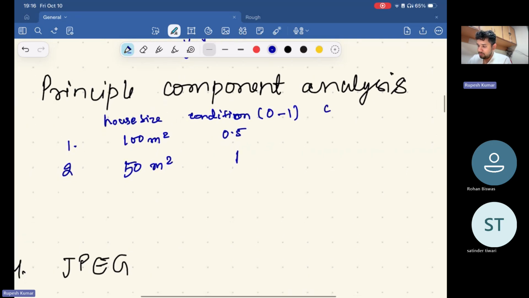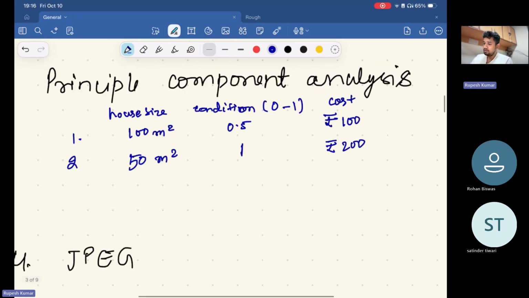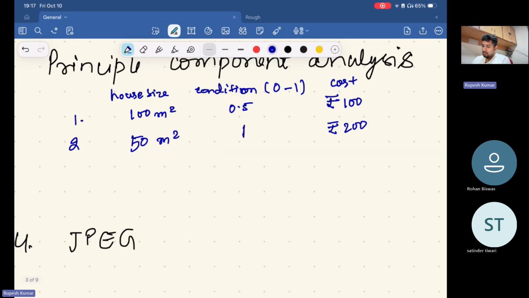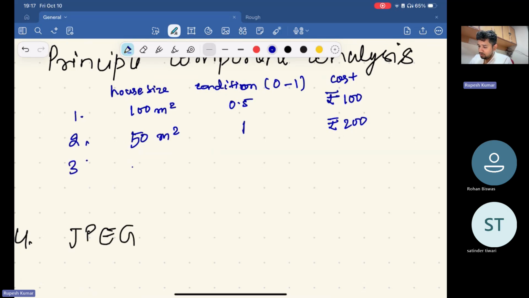And again, let's add a cost to this. Let's say it's in rupees, so rupees 100 here, then rupees 200 here. So can you find out what will be the cost for this kind of house, 120 meters squared and condition 0.8?